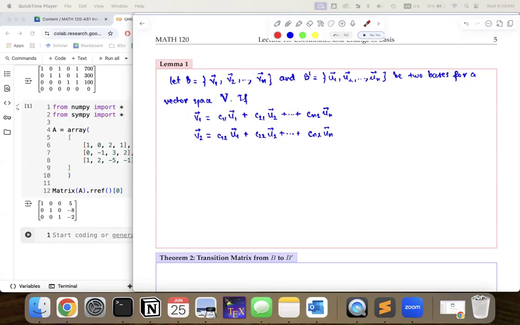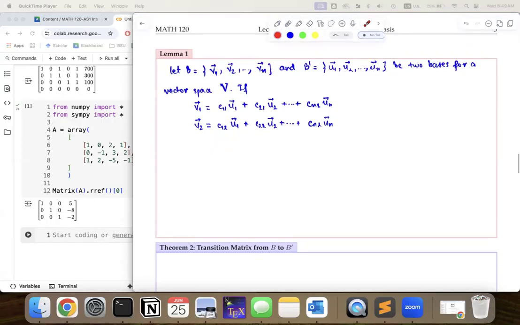But when we put all of the C's in the transition matrix, everything is actually in order, because you take all the values in the column vector and put them in as a row. So Vn is equal to C1n times U1 plus C2n times U2 plus up to Cnn times Un.